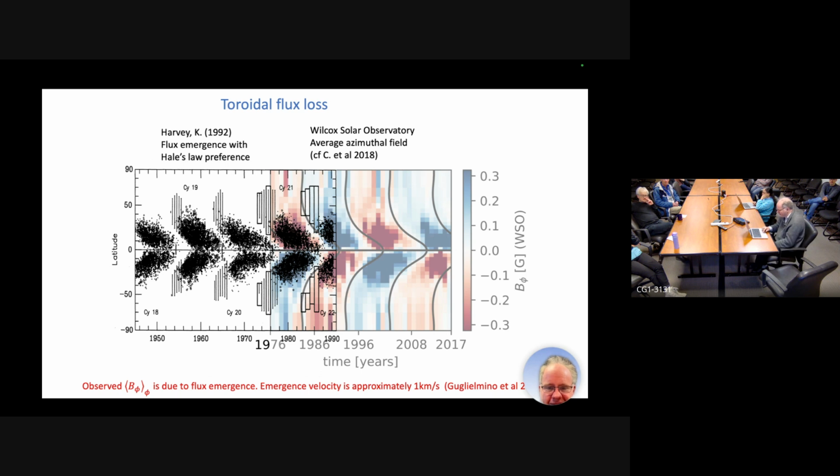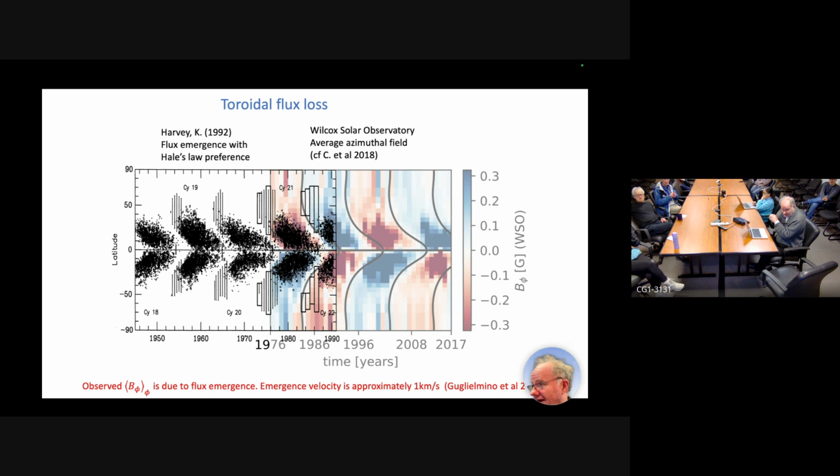So here I need to explain how the observations we saw before of the phi component of the field come from flux emergence. When flux is emerging through the surface, during the emergence process, the loop top pokes out, is seen at the photospheric level, imprints itself on the Stokes V at the limb, for example, and can be observed.